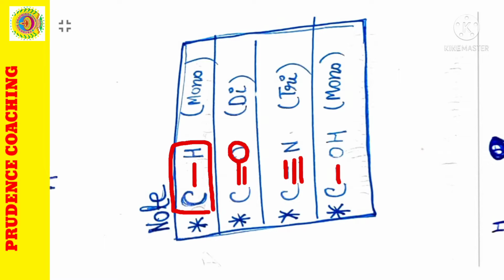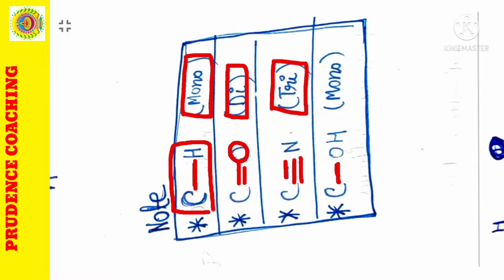Similarly, hydroxide will form mono, that is the single covalent bond. So if the bond is single, it will be named as mono. If it is double covalent, it is di. If the number of covalent bonds is 3, it will be tri. And here also mono, as one covalent bond is there. You must remember the maximum number of covalent bonds between any element will be 3, not more than 3. Now let us move on to the next one.